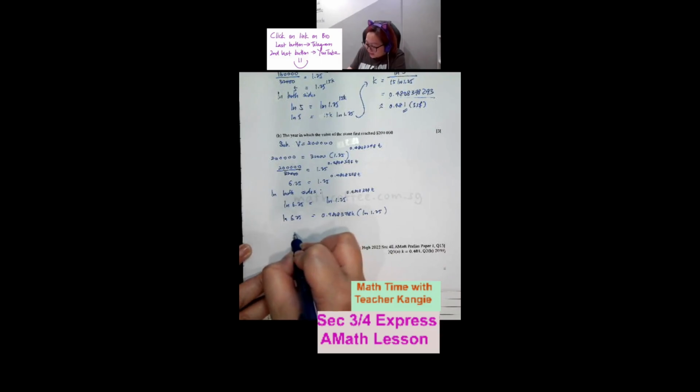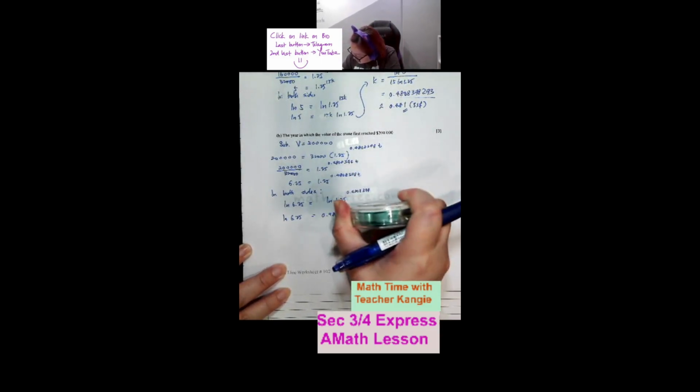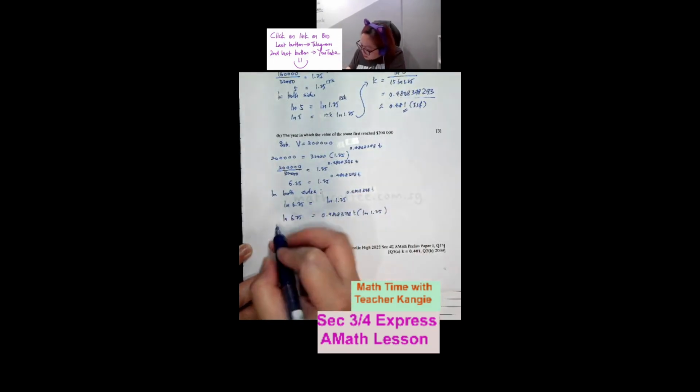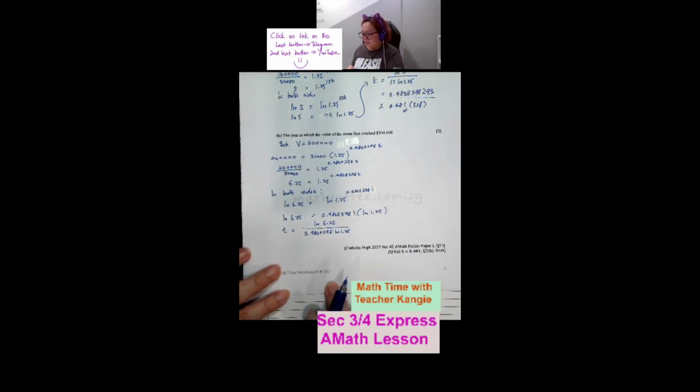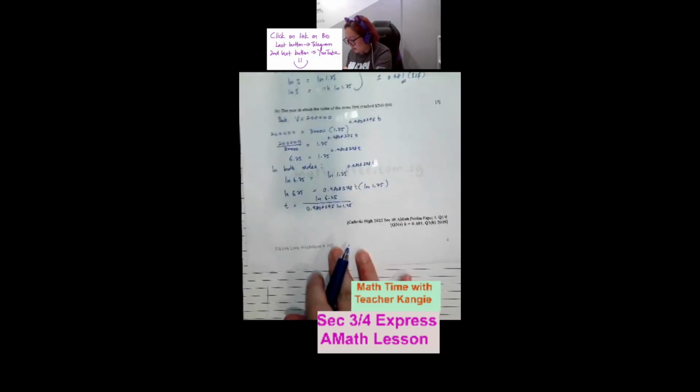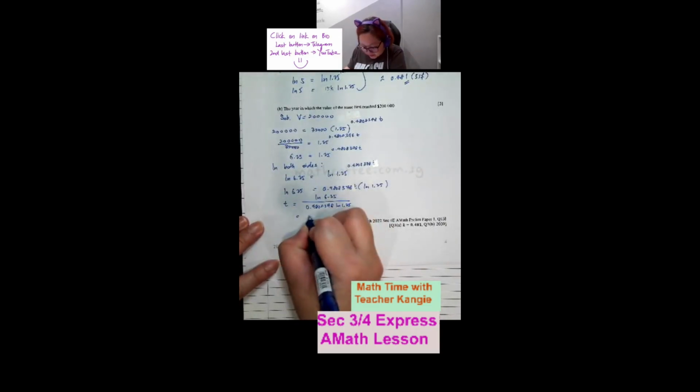So to solve, this is T, not K. My bad. So now T will be equal to ln 6.25 divided by 0.4808378 ln 1.25.